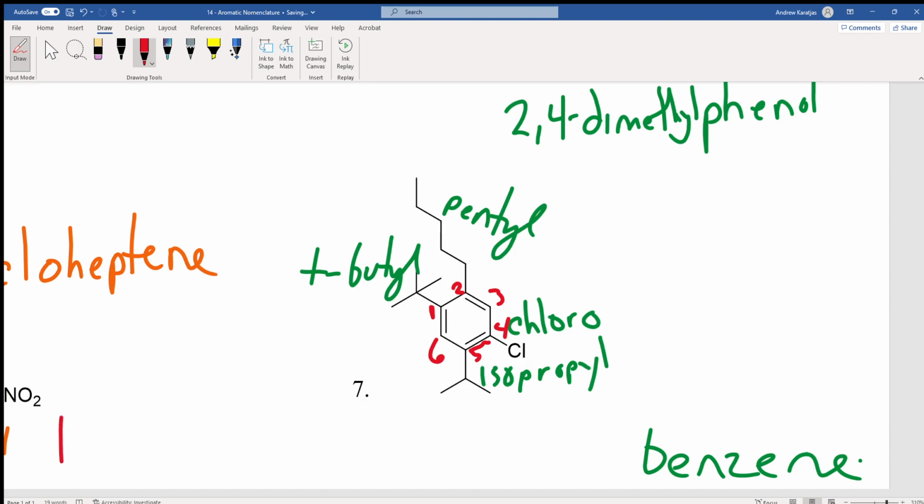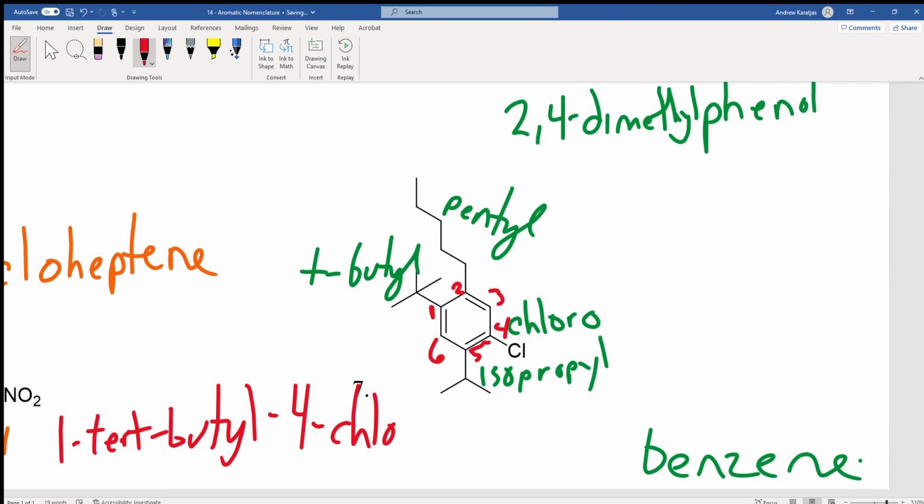So we end up with 1 tert-butyl, 4 chloro, 5 isopropyl, 2 pentyl benzene.